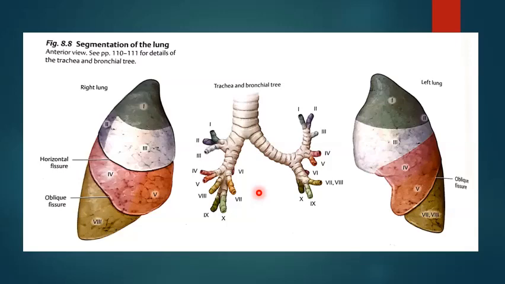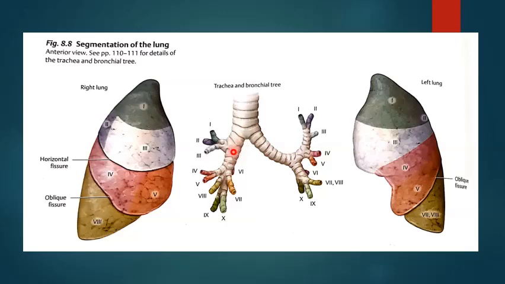So, what is the course? The extrapulmonary part of the right bronchus passes downwards and towards the right from the bifurcation of the trachea and makes an angle of about 25 degrees from the median plane.